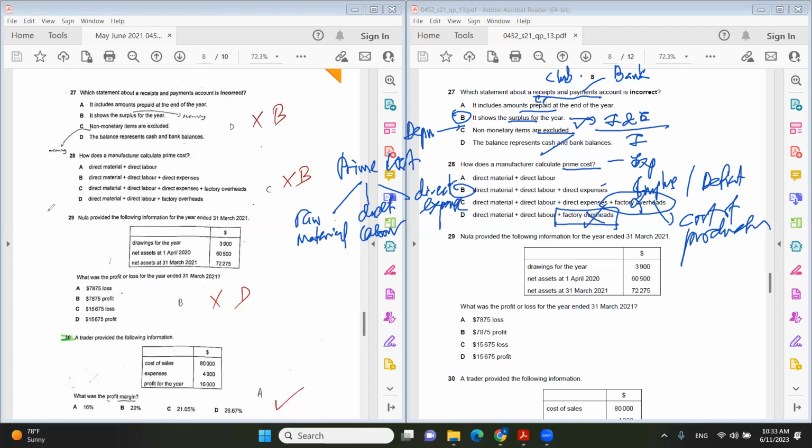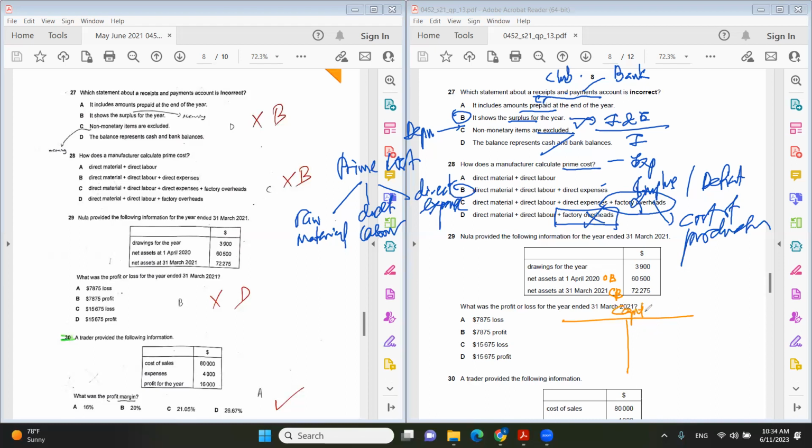Okay, next. NOLA provides the following information for the year ended 31st March 2021. Drawing, net asset at... So this is the opening balance. Okay, this is the closing balance. So we open the T account for capital. Net asset is equal to capital.